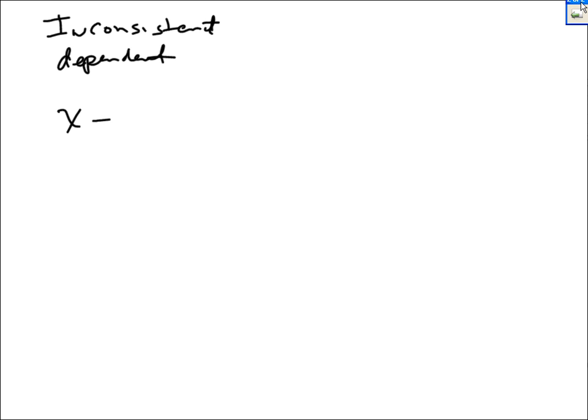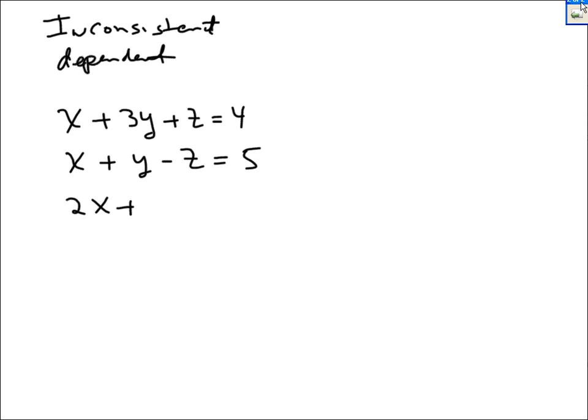Suppose you have x plus 3y plus z equal to 4, and you have x plus y minus z equal to 5, and you have 2x plus 4y, excuse me, plus z is equal to 10.